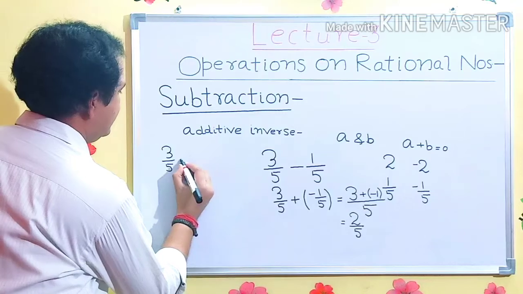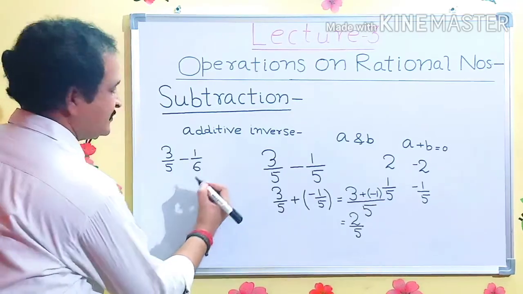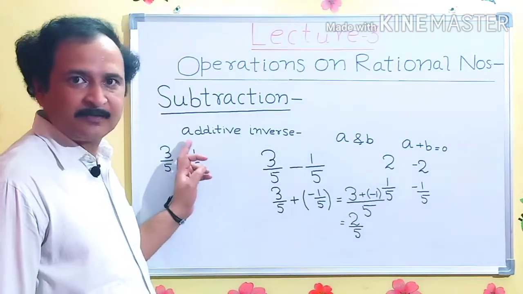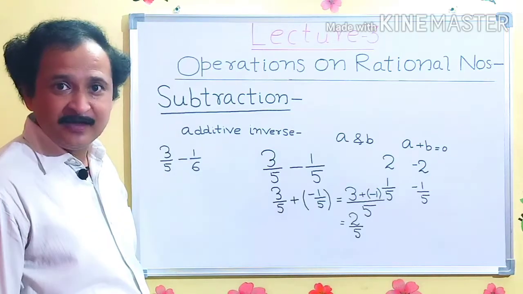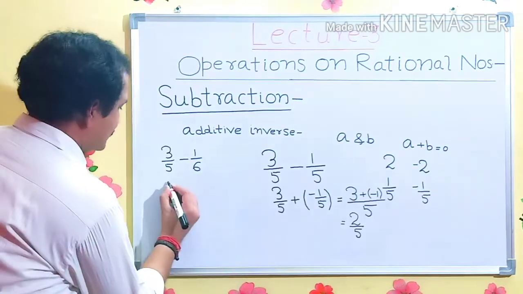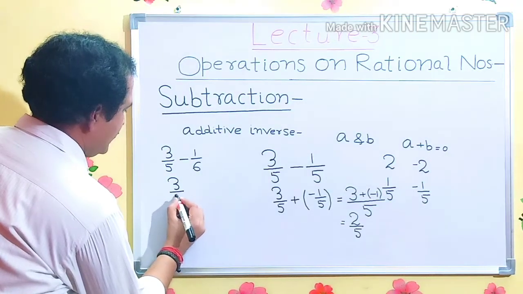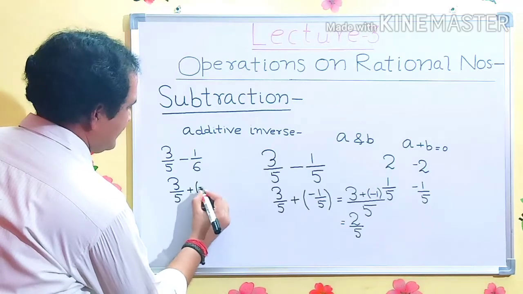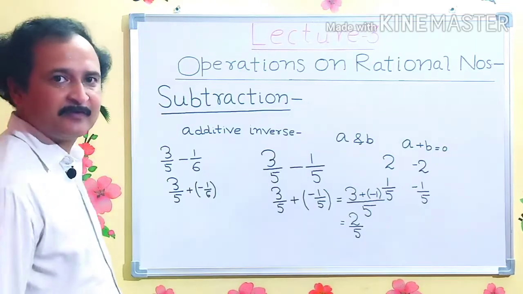For example, suppose 3 by 5 and 1 by 6 are two rational numbers and we want to subtract 1 by 6 from 3 by 5. Then how can we apply the concept? We can say that this is equal to 3 upon 5 plus minus 1 by 6, meaning additive inverse of 1 by 6.